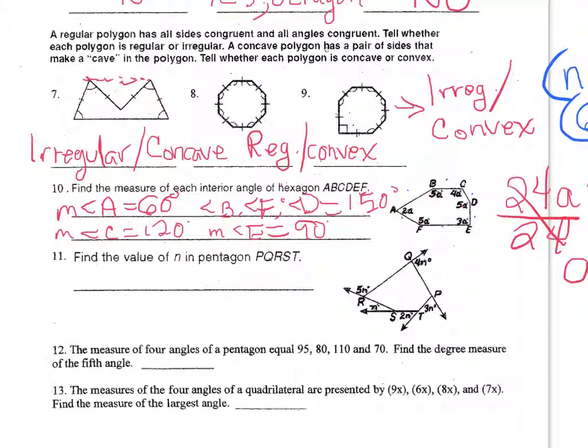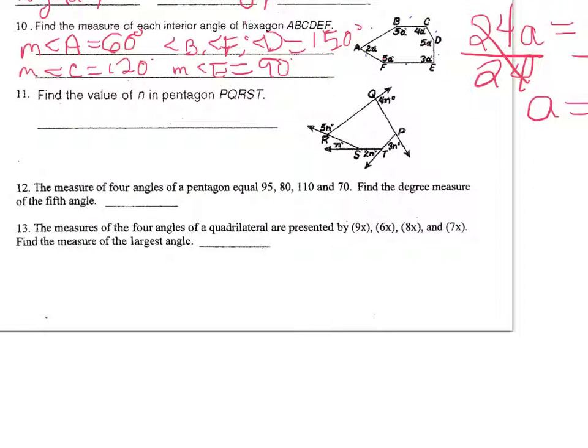Are those interior angles or exterior angles? Exterior angles. That's right. So I have to think about the sum of all the outside angles equals what? 360. Okay, so then we need to add all the angles. 4 plus 3 is 7, plus 2 is 9, plus 1 is 10, plus 5 is 15.